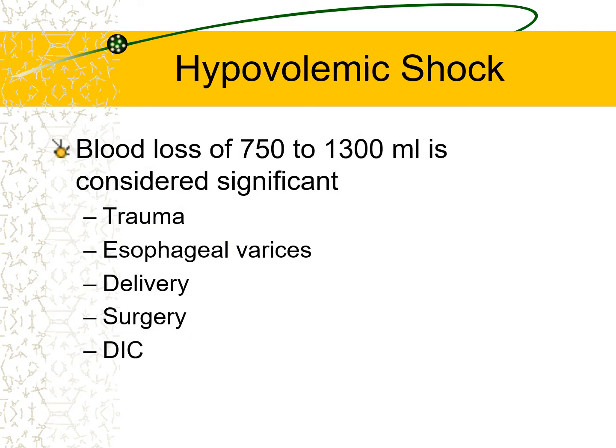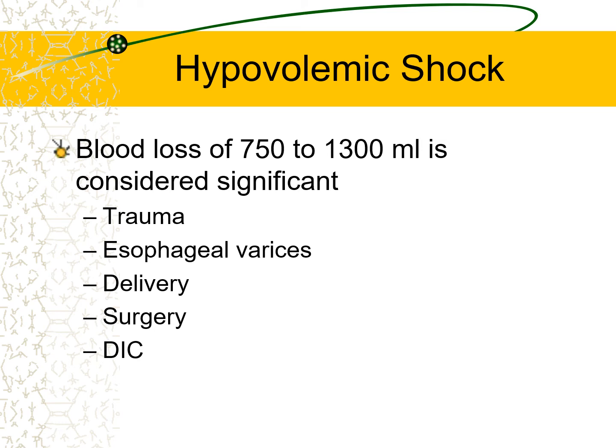So here we will review the amount of blood loss that can lead to hypovolemic shock. We consider a significant blood loss to be 750 to 1300 mLs. If you want to visualize that, think about a liter bag of normal saline. Something in that range is considered significant and could lead to hypovolemic shock.